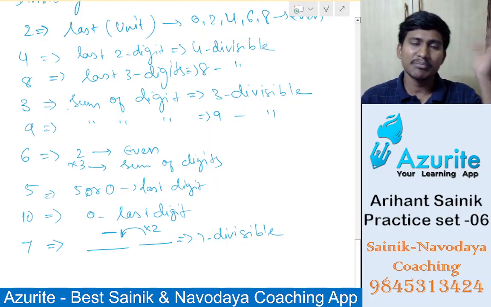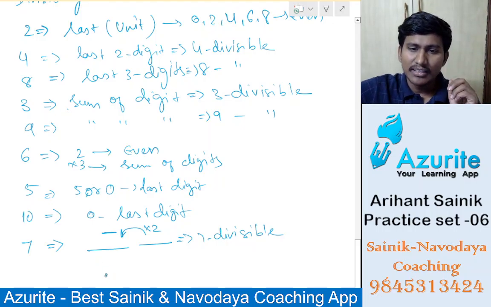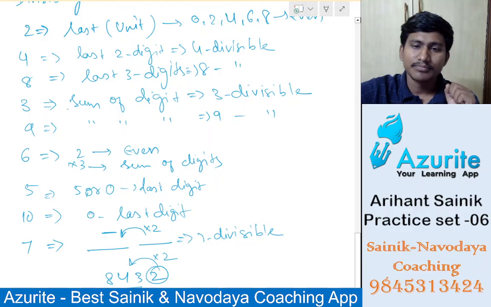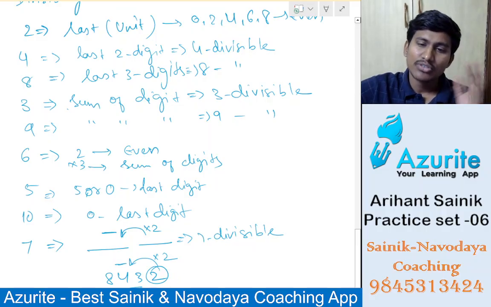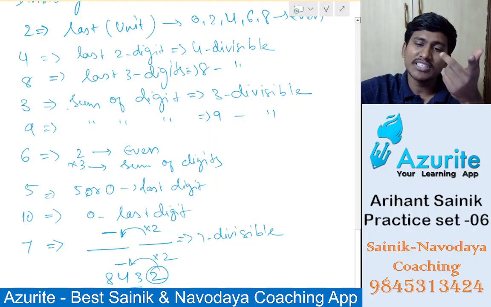Every time, if it is a bigger number, say 8432, the last digit is 4, multiply it by 2 and subtract from the remaining number 843. 2 fours are 8, so we double and subtract, and you will get 835.